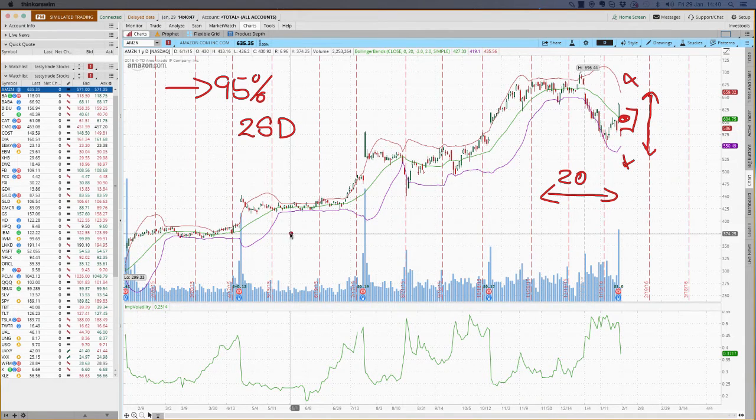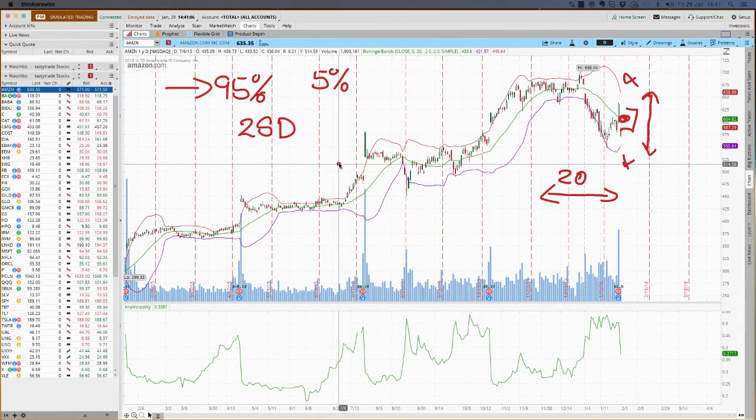So how do we find opportunity as traders? One of the ways that we do that is we look for those 5% occasions where price is outside of the Bollinger Bands, because this allows us to find what we refer to as a price volatility extreme.